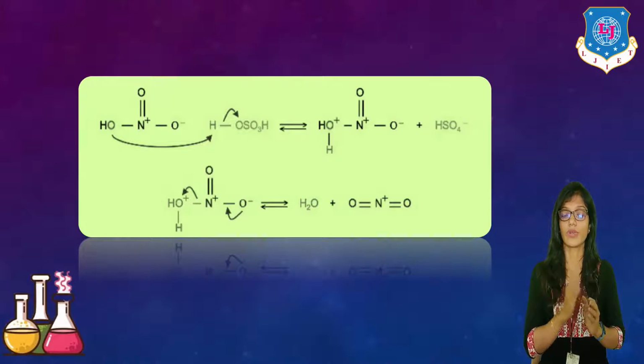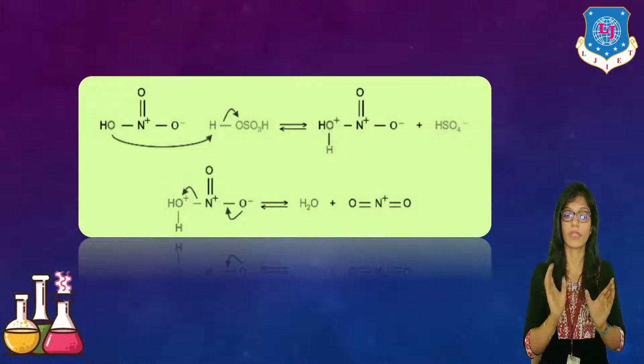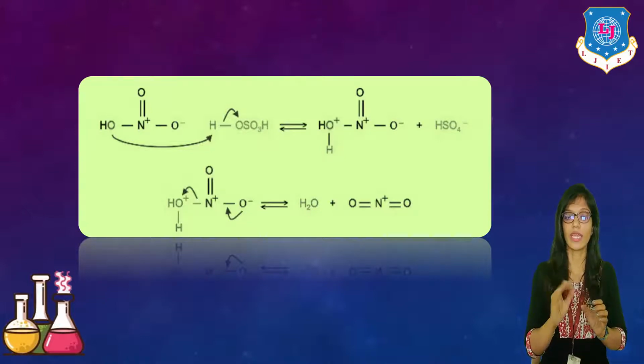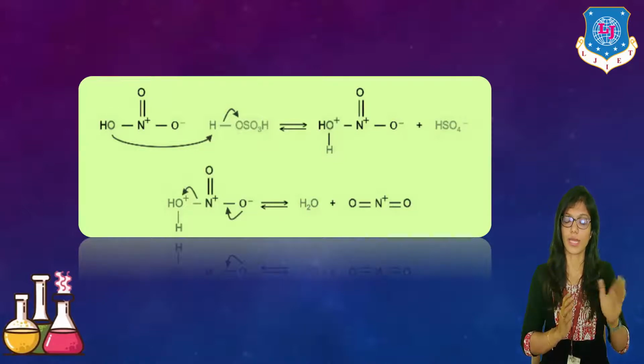Here it will combine with H2SO4, as you can see here, H-O-SO3H. Now what will happen here? The H will attach to the OH. That creates one more compound, N plus O minus, double bonded with oxygen and single bonded with OH2 plus.